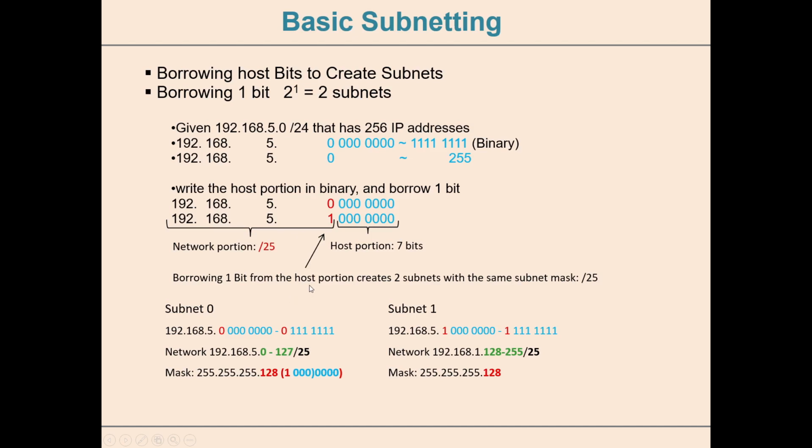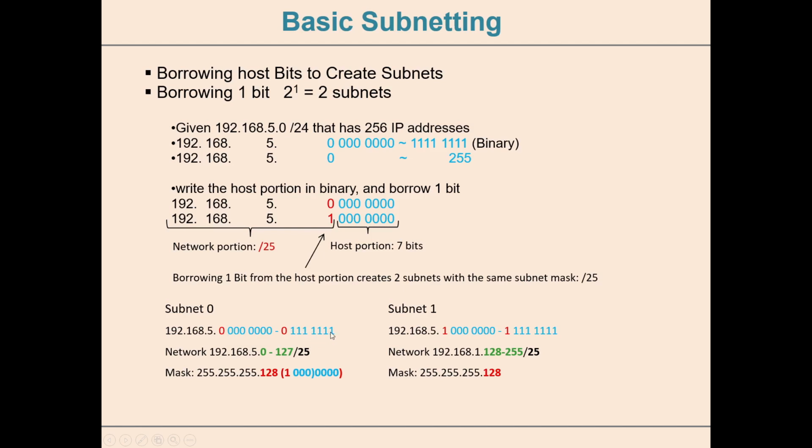Now, when the borrowed bit takes the binary value 0, that's the subnet 0 we created. You can see the borrowed bit takes the value of 0. The remaining host bits start from all 0s, going up to the highest host value of 7 binary ones.